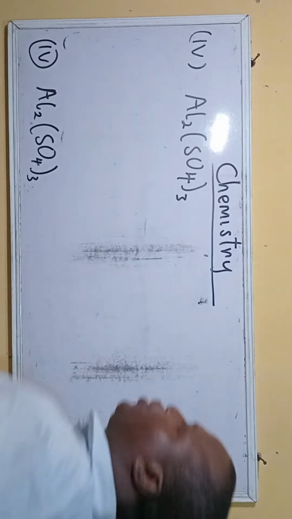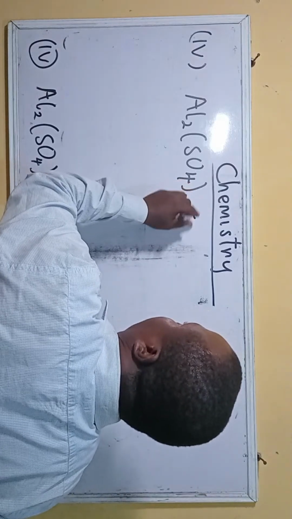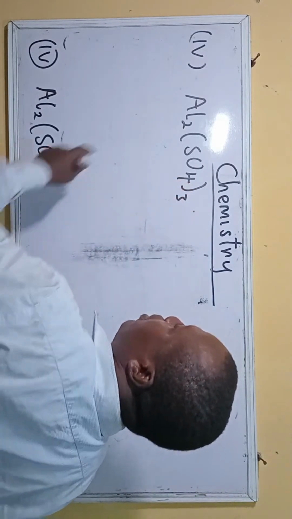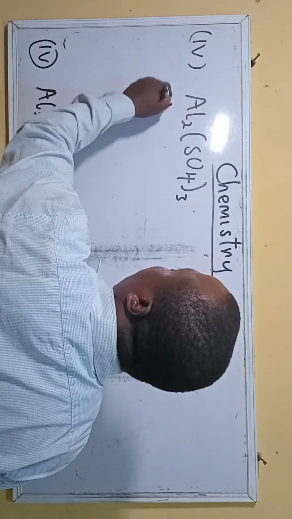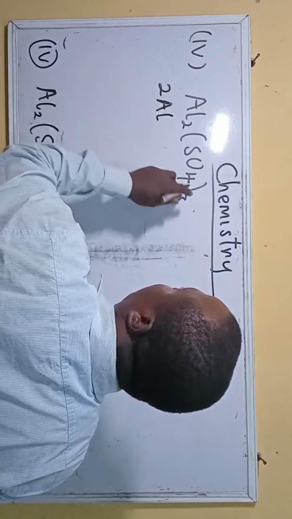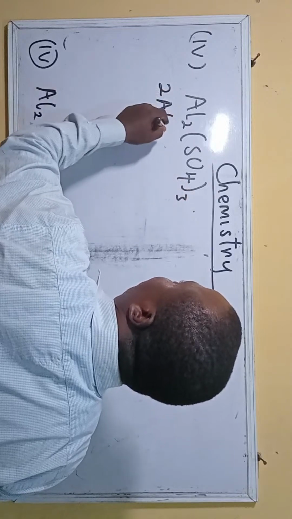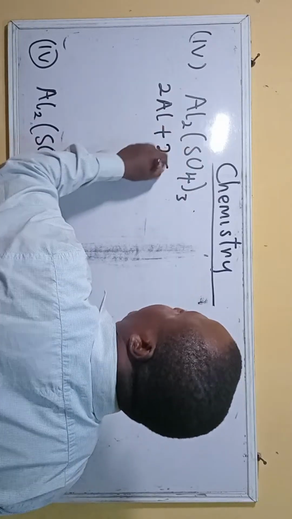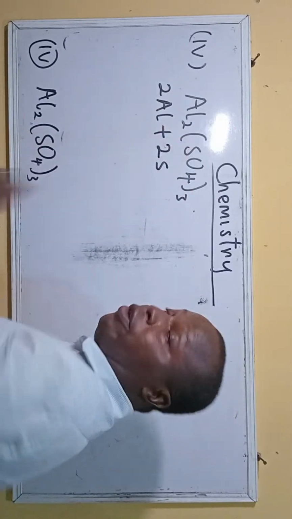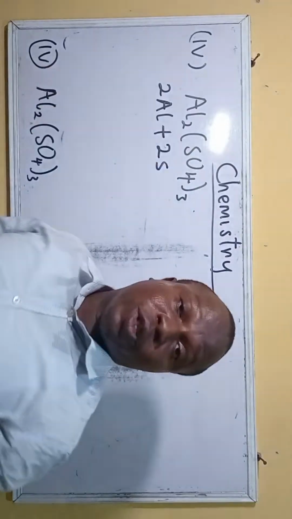Now, you don't need to stress yourself. The same method, let's just add 0 to it. Look, I just need to multiply it, it turns to molecules. So I will put plus 3 times S, it will give me 3S, which is sulfur. S stands for sulfur.